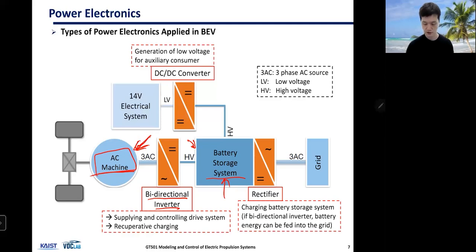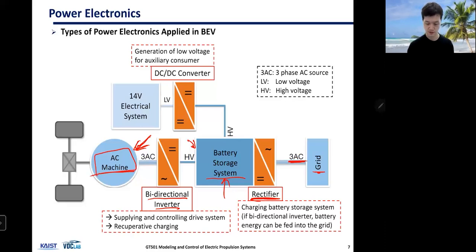On the other hand, we also must be able to charge the battery, right? So we need to be able to connect a battery to the grid. So where grid is a three-phase AC source, or single-phase AC source, then you would need a rectifier, so that you rectify AC signal into DC signal, constant signal.